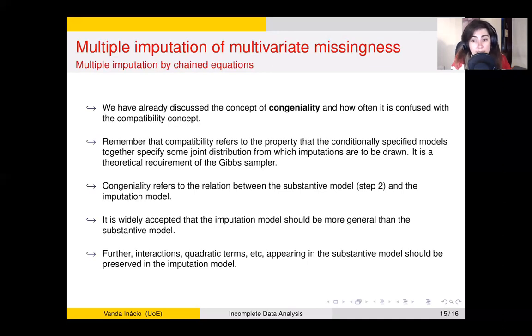And that's mainly it from the theoretical or methodological concepts of mice, multiple imputation by chained equations. So it's for the case where we have several variables with missing values. What we do is decompose the problem of multivariate missing data into a problem of specifying, in a sequential manner, several univariate missing data problems.